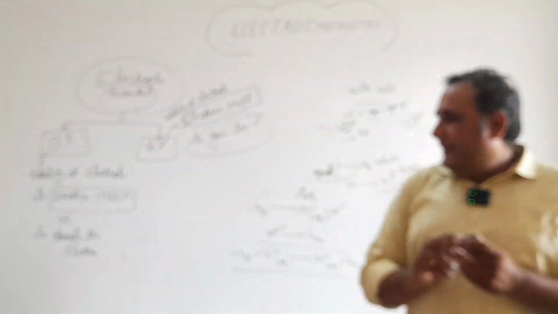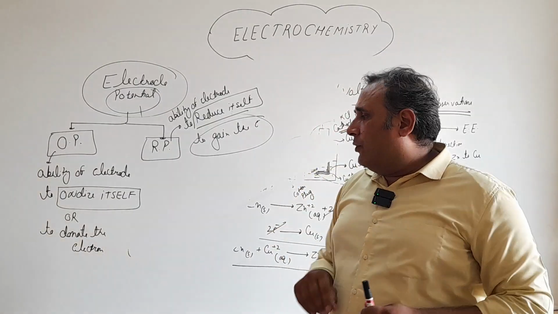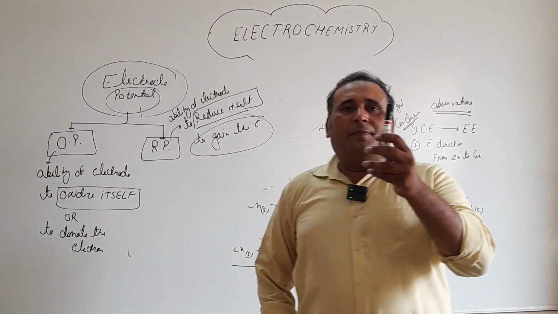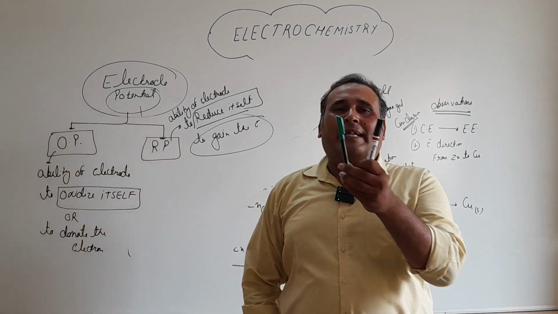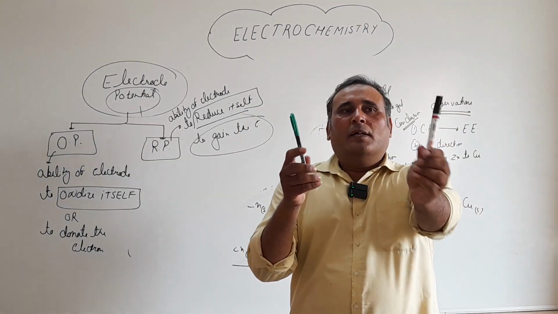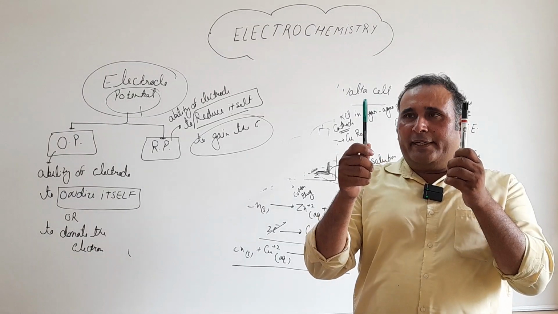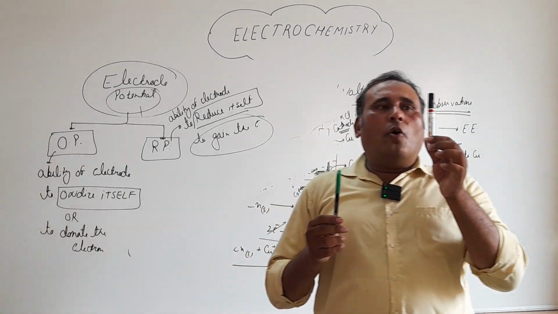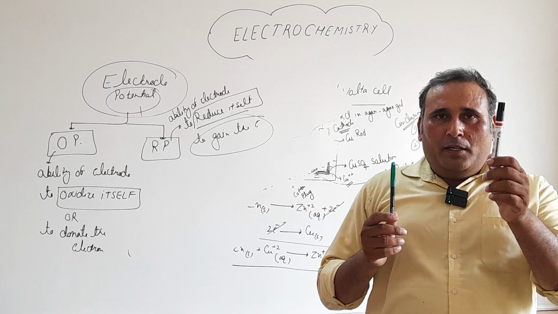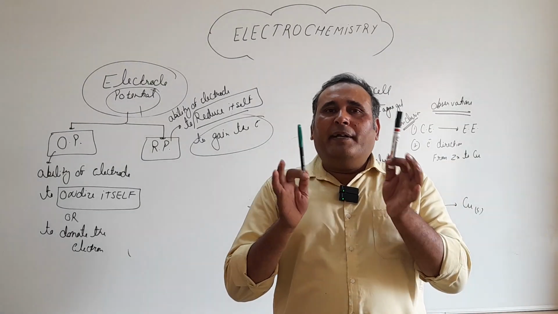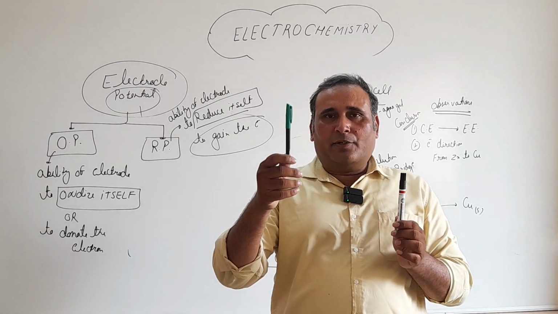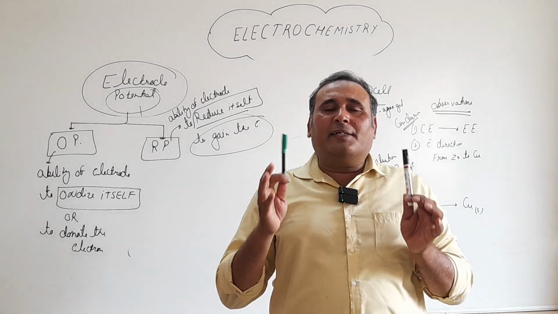Okay, let's see. Suppose we have two electrodes, a first electrode and a second electrode. If I say the reduction potential of this electrode at a particular temperature is higher than this electrode at the same temperature, what does it mean?